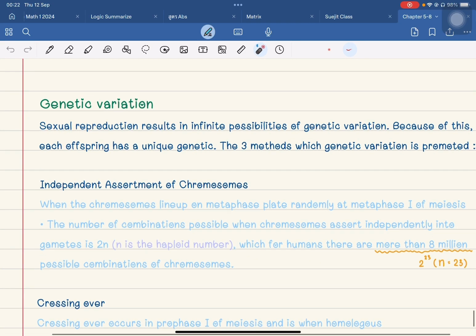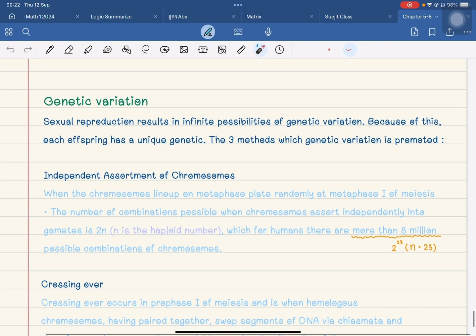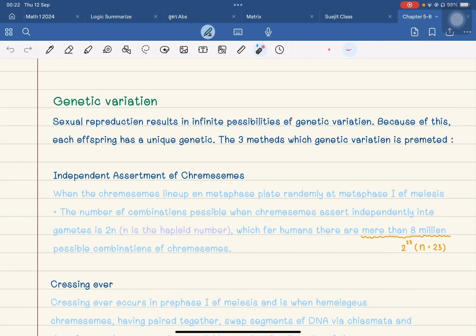When the chromosomes line up on the metaphase plate randomly at metaphase 1 of meiosis, the number of combinations possible when the chromosomes are sorted independently into gametes is 2^n, where n is the haploid number. For humans, there are more than 8 million possible combinations of chromosomes.